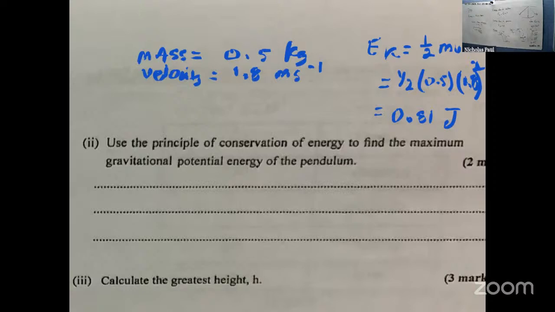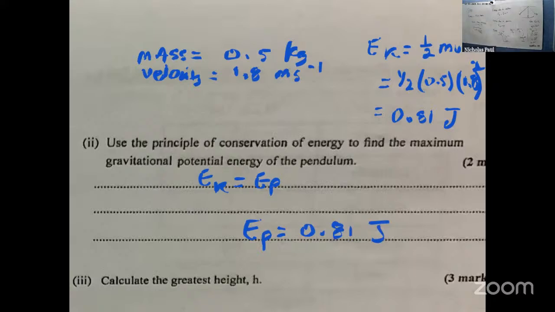What's the maximum potential? Very good, Rajiv. He said because of the conservation of energy, all of the kinetic will be converted to potential. So the maximum potential energy is 0.81.